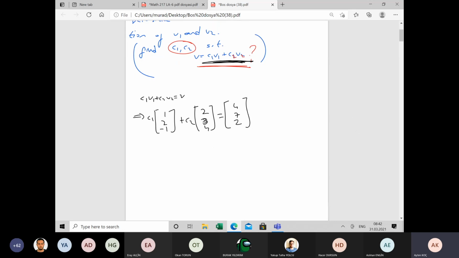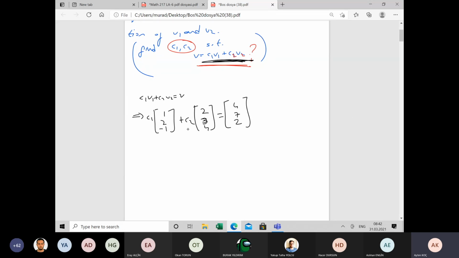What does this equality mean? C1 and C2 are scalars, so this is scalar multiplication. We know scalar multiplication for a matrix, and this one is a vector, so C1 multiplies all elements: C1, 2C1, minus C1. The second one, scalar multiplication gives 2C2, 3C2, 4C2, and the right-hand side vector is (4, 7, 2).